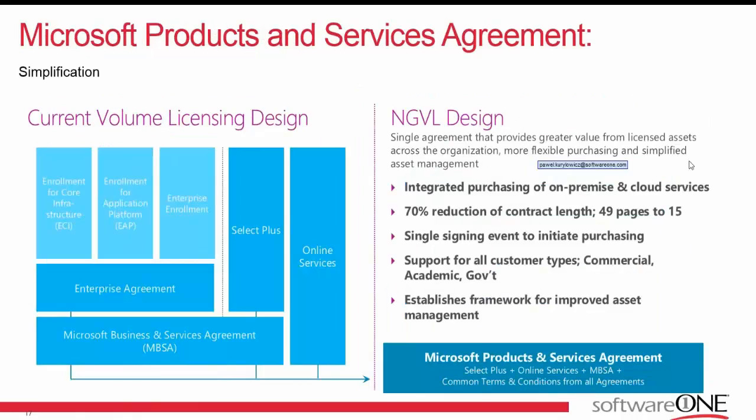Not only that, but they're saying it's now a single signing event. So rather than signing each of those stages individually or at enrollment stages, it is now one single signing event. The MPSA will support, if your organization has commercial, academic, government entities, multiple types of businesses within that one MPSA. So again, reducing the overall administration behind the program.